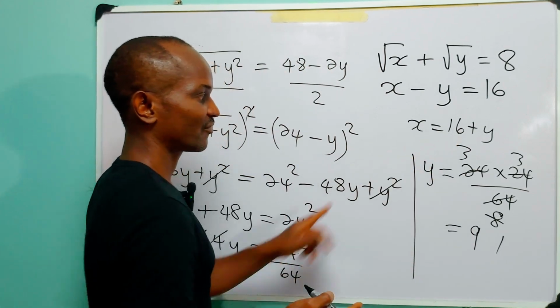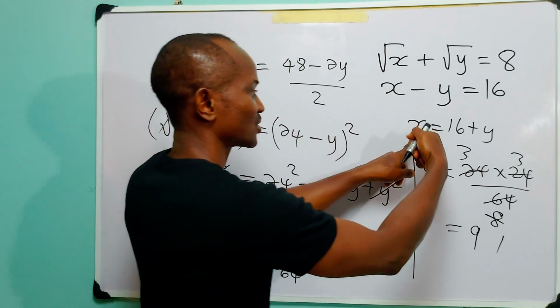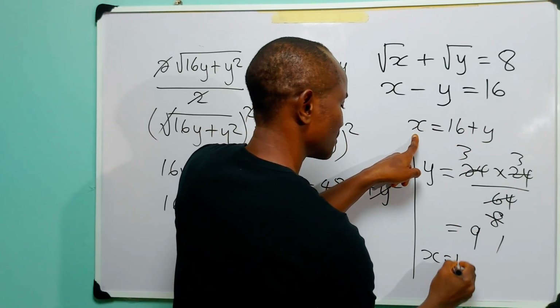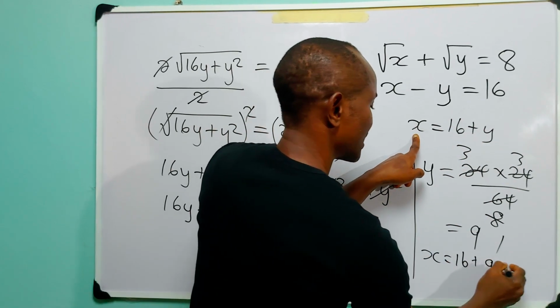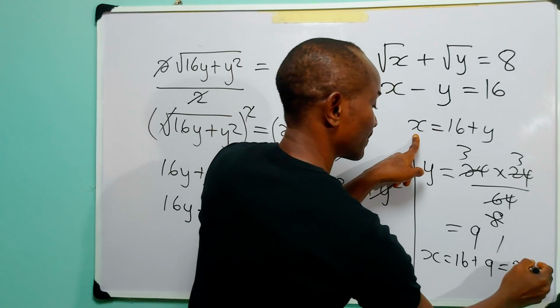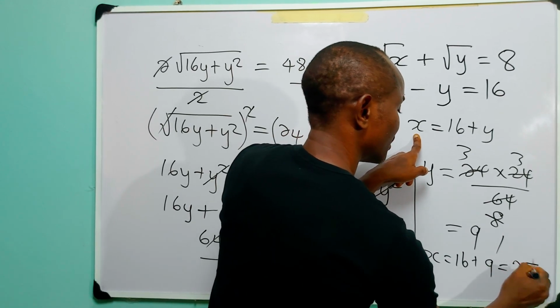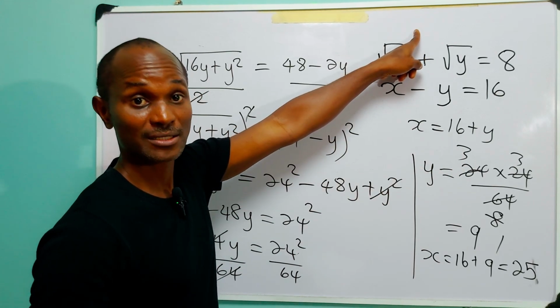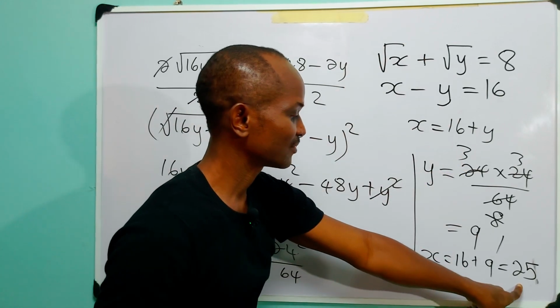We go back to this to find the value of x. And of course, x is equal to 16 plus y. So we have that x is equal to 16 plus 9, and this is equal to 25. Now, when we go back to the original equations, you see that x is equal to 25.